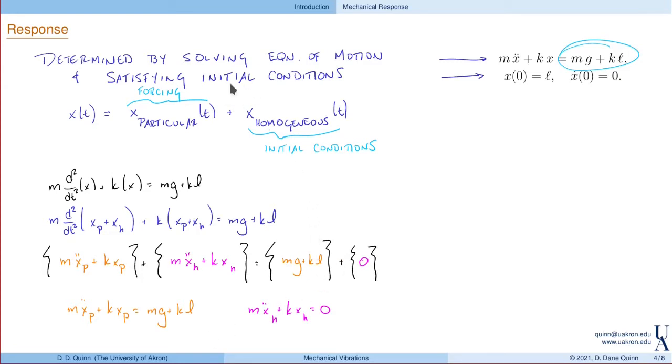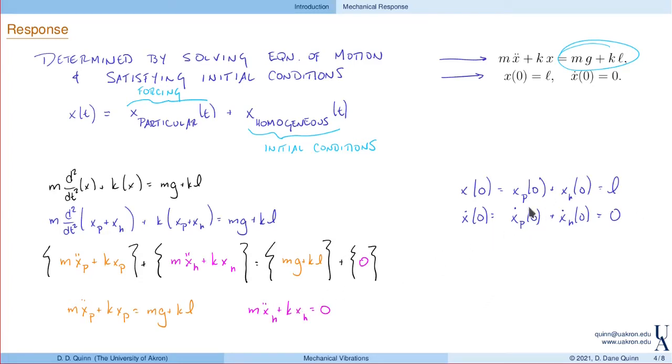Now, we also need to satisfy the initial conditions. So let's look at those. Here, x initially is going to be xp initially plus xh at the initial time, and that's got to be equal to L. And likewise for the initial velocity, it's the initial velocity of the particular solution plus the initial velocity of the homogeneous solution, and here that's equal to 0.